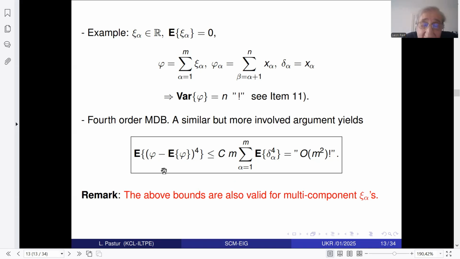So roughly, naively, this sum is of order m to the 4. But because you take expectation, your sum is just m squared. An important remark is that here I did everything assuming that the xi's are just real valued random variables, but they could be even multi-component. It could be a random vector, and you can easily verify that this argument works as well.